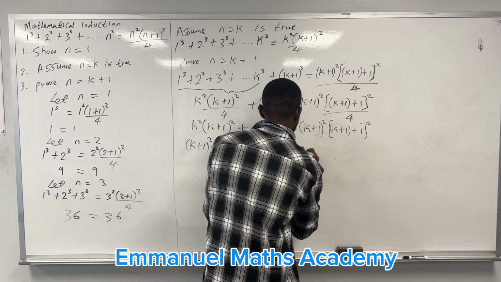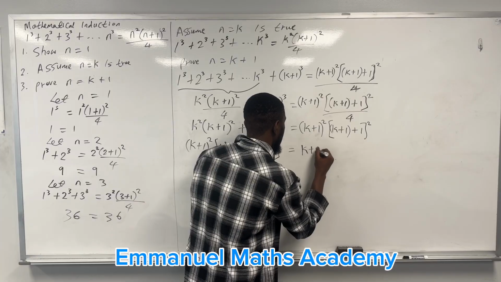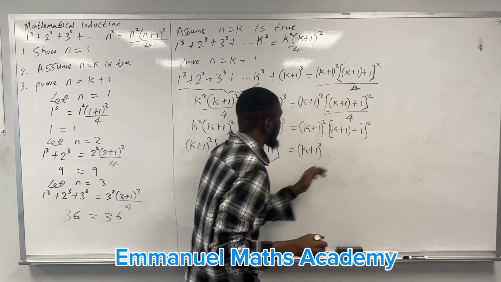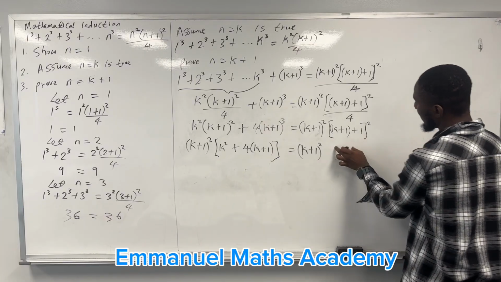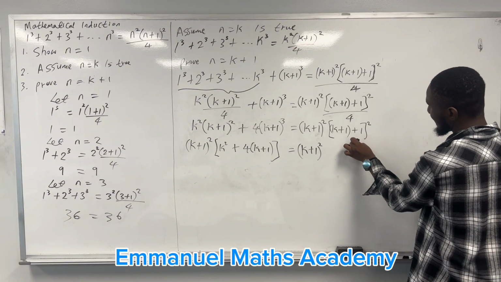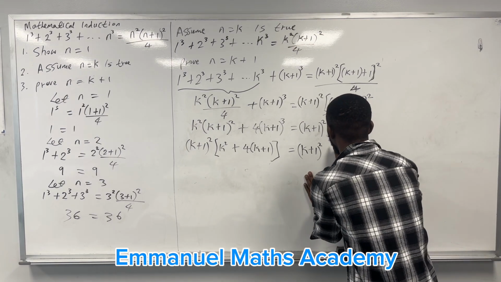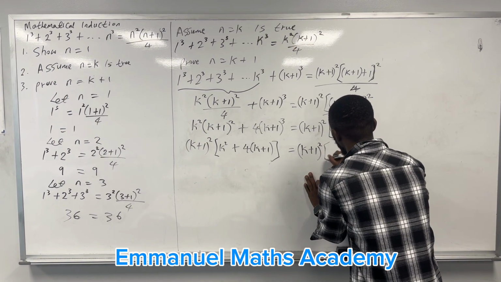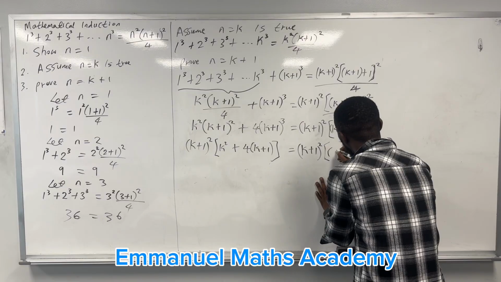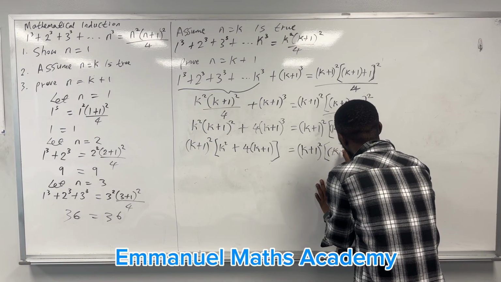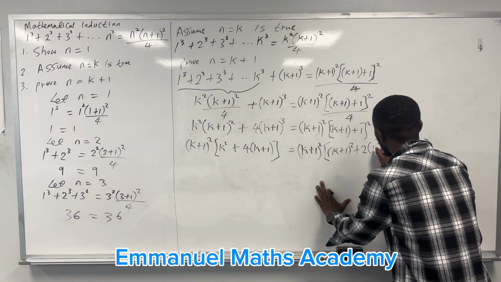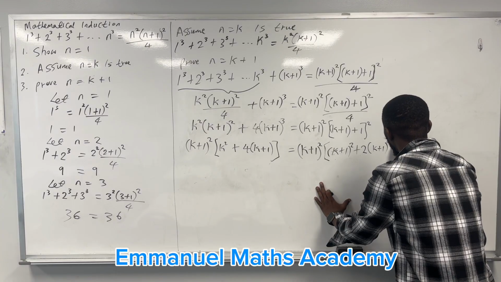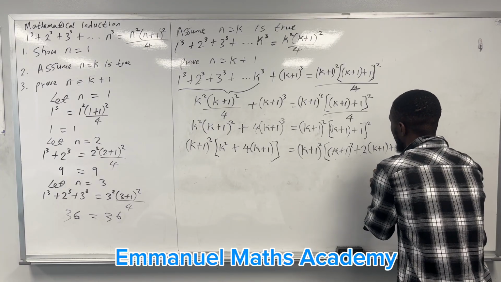What about this side? We have the same thing here. You can see that they are the same. Because if you expand this, remember that this square comprises both this and this. Hence, all this is equal to (k plus 1) squared plus 2 into (k plus 1) plus 1 squared.